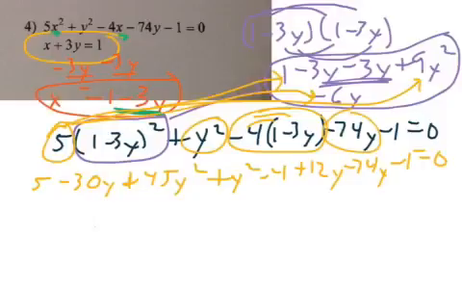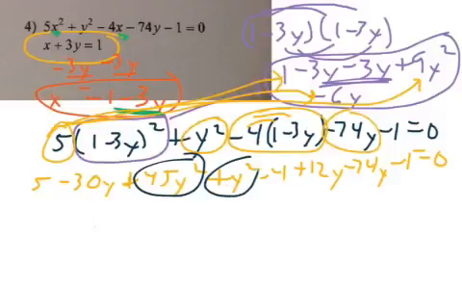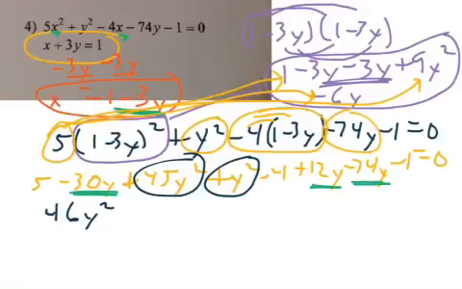So finally, I've gotten my parentheses and my distributive property done. And now it's just a matter of combining like terms. I have a 45y squared and another y squared there. That makes 46y squared. I have, follow the green, a negative 30y there, a 12y there, which makes negative 18y, and another negative 74.